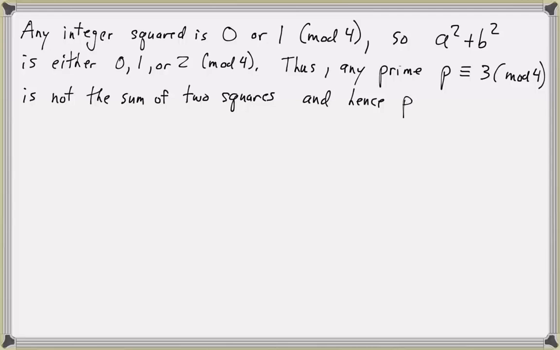And so hence p remains a prime in this ring. So p is a Gaussian prime as well.